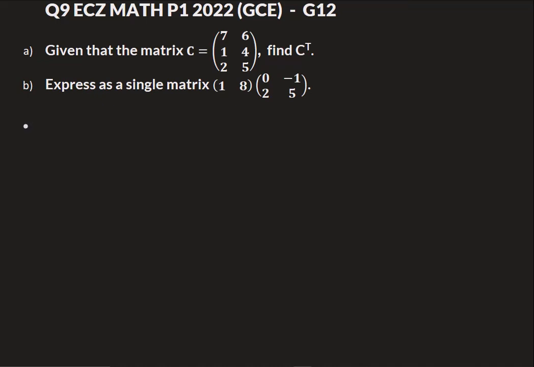Let's start with part A. We know what CT means. It's just the transpose. Whenever you see that T there, we rarely say CT, we just say the transpose of matrix C. Remember what we said is we need to find the first column and convert it to a row.